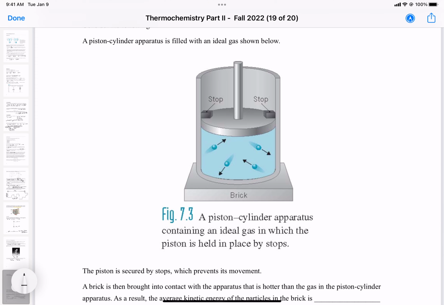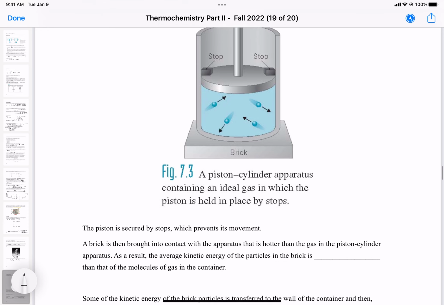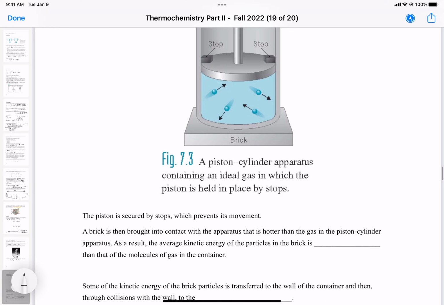You see the piston here is held to a constant volume, because we put some stops here that prevent the piston from moving. All right. Then this brick is brought into contact with the apparatus, and the brick is at a higher temperature than the gas in the piston cylinder apparatus.